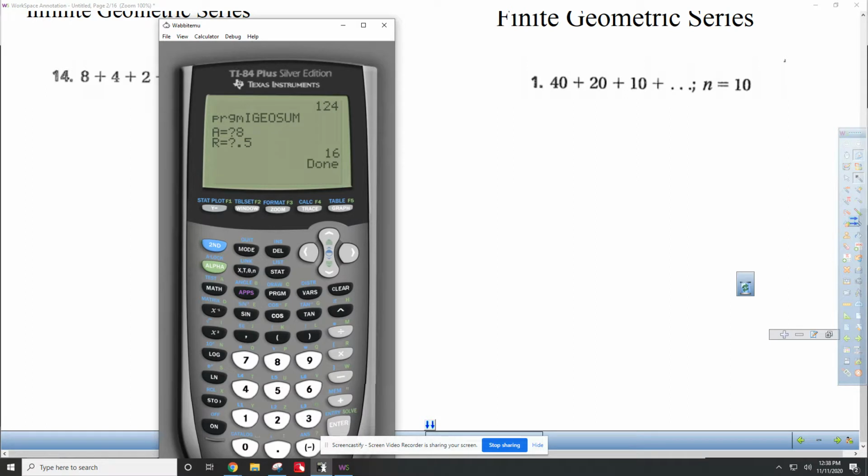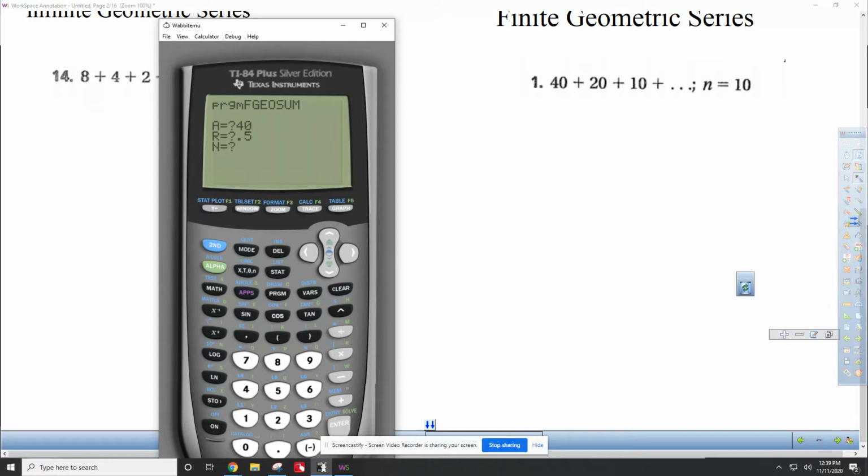Our next one is going to be finite geometric series. This one works pretty similarly. We're going to pick FGeoSum. A, again, is going to be our first term value, so we got 40. And then our rate of change, which is also ironically 0.5. And then our N is our number of terms.